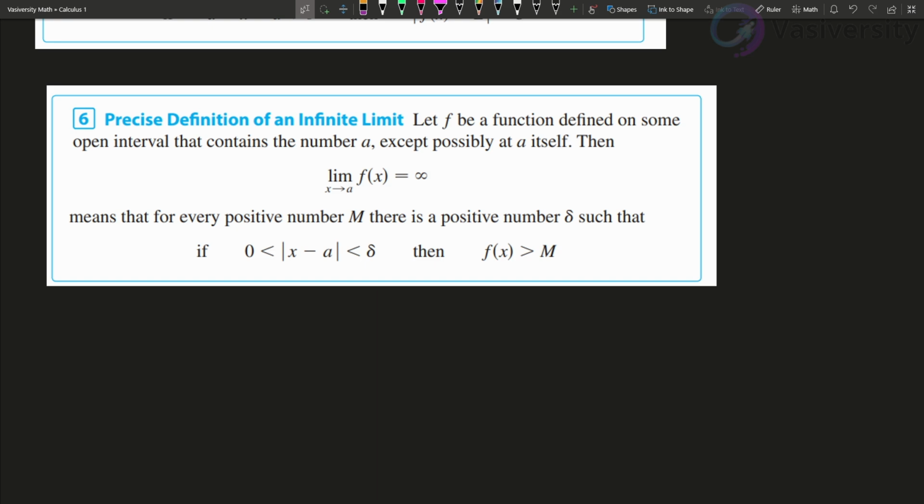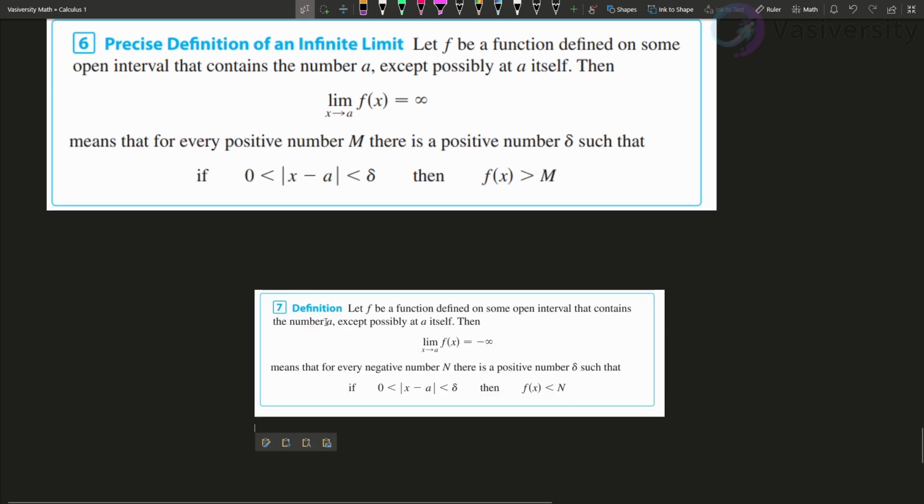Then the limit of f of x as x approaches a equals infinity means that for every positive number M, there is a positive number delta such that for x within delta of a, f of x is going to be greater than M. We can always find a number M that is bigger and bigger than our function value.